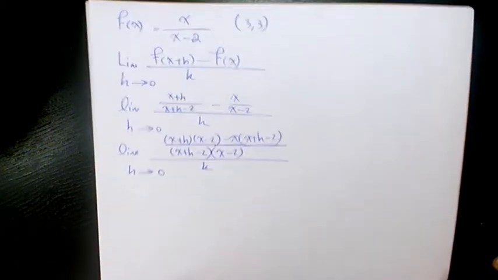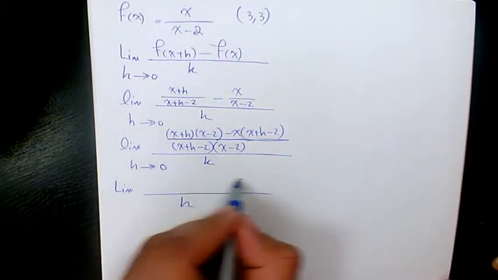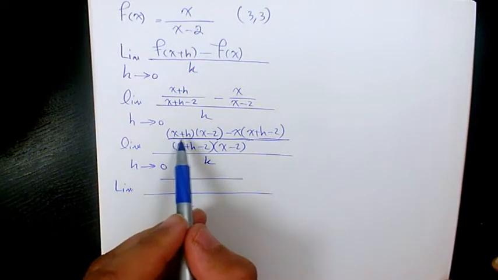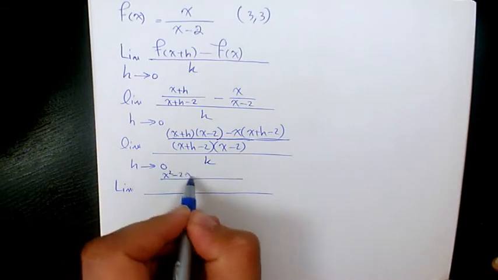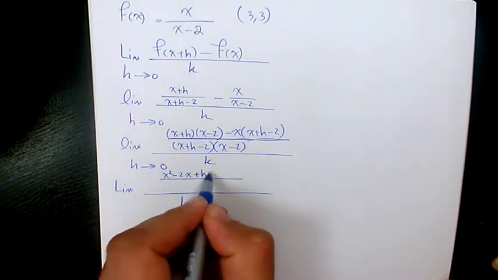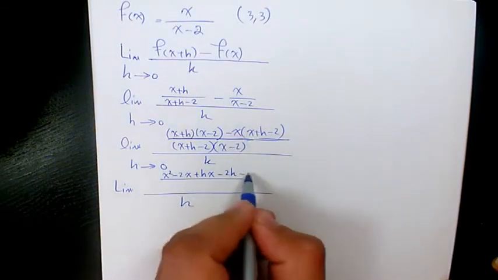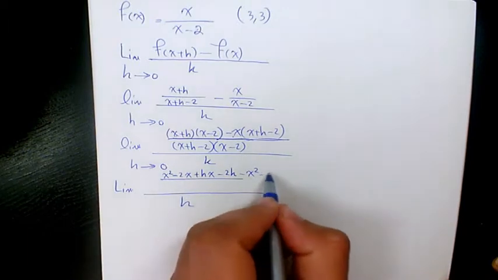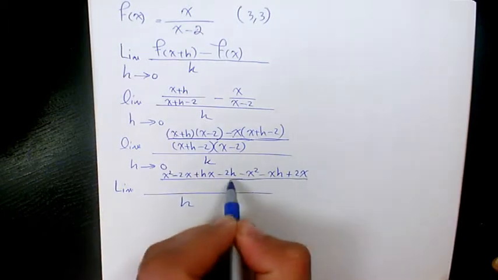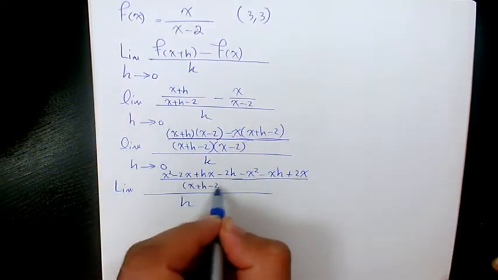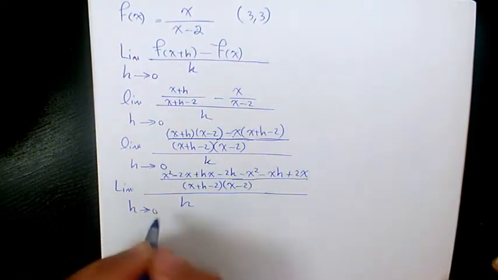Now let's simplify that. It's going to be the limit of, over h, the numerator: we have x times x, x squared, x times negative 2, negative 2x, h times x, hx, h times negative 2, negative 2h, negative x times x, negative x squared, negative x times h, negative xh, negative x times negative 2 is going to be plus 2x, divided by x plus h minus 2 times x minus 2 when h is approaching 0.